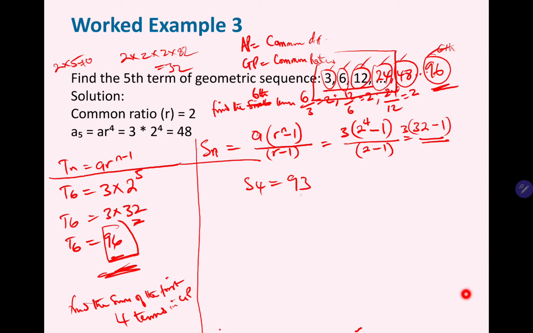Okay, so now let's do it manually and see if it's correct.